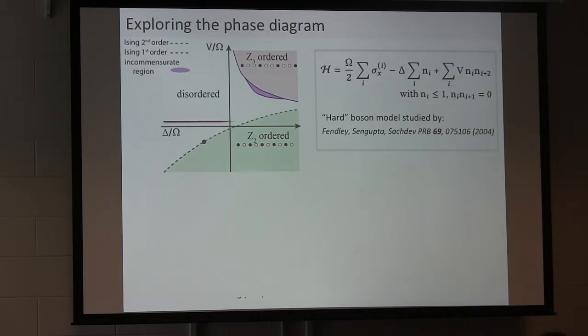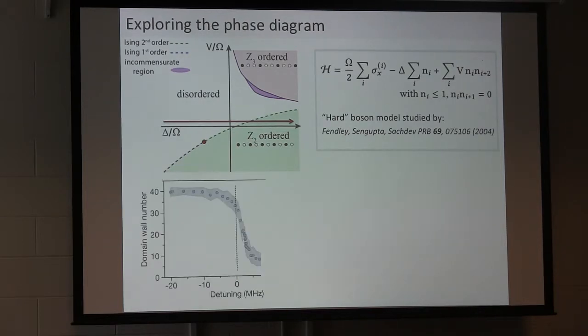So far, the data that I have shown you occurs somewhere along this red line here. To really probe this as a phase transition, what we want to have is some kind of order parameter, and it turns out that the number of domain walls that I just talked about is a nice tool for this.